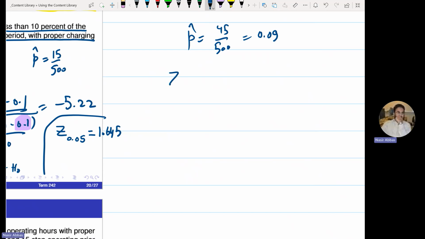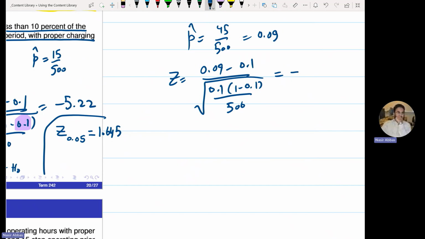But in that case, if you compute the z value, which is 0.09 minus 0.1 over the square root of 0.1 times 1 minus 0.1 over 500, the z value would come out to be minus 1 point something, is it? Or 0 point something. Minus 0.74. Is it less than minus 1.645?